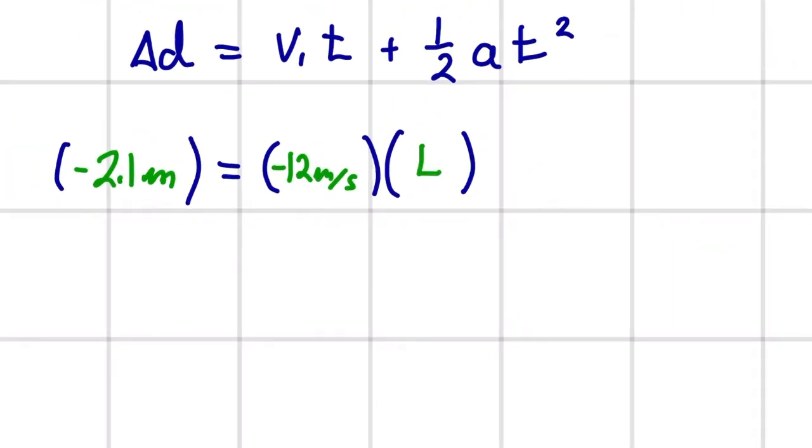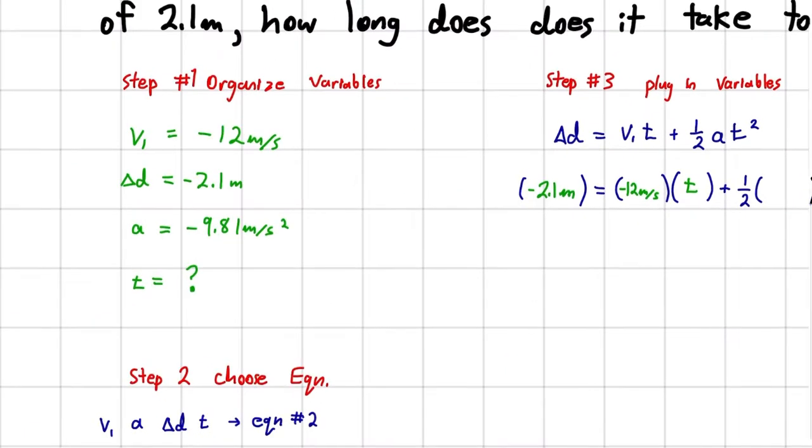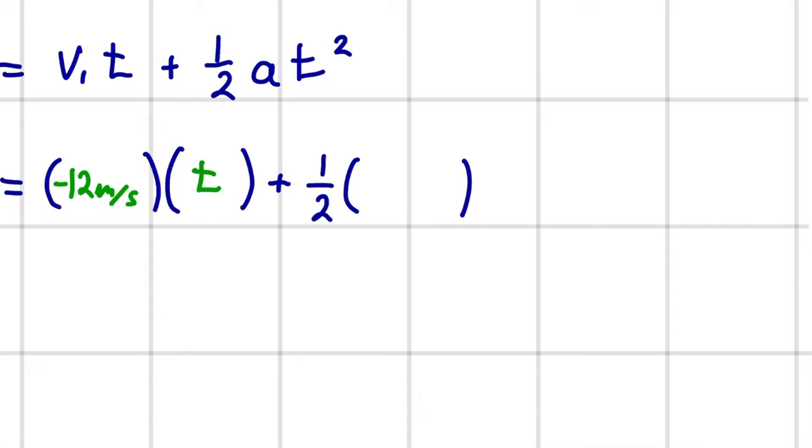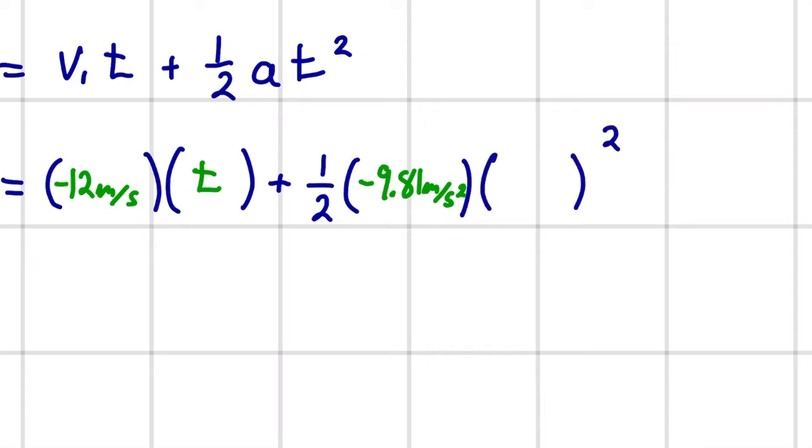So we're just going to write a t. Plus 1/2, and our acceleration. Let's look at what we have for our acceleration. It's negative 9.81 meters per second squared. And then finally, our last value is squared. That is once again t.